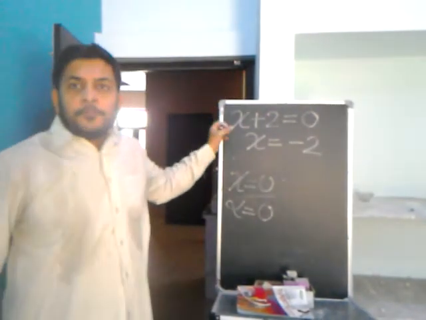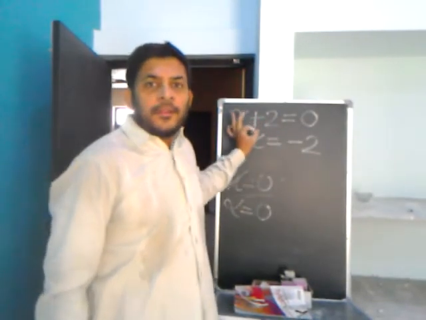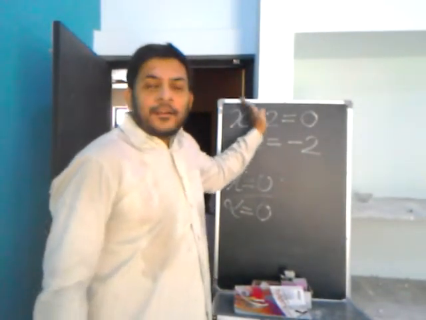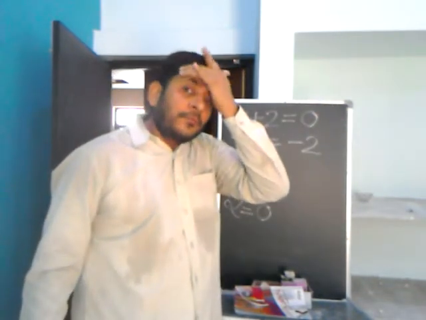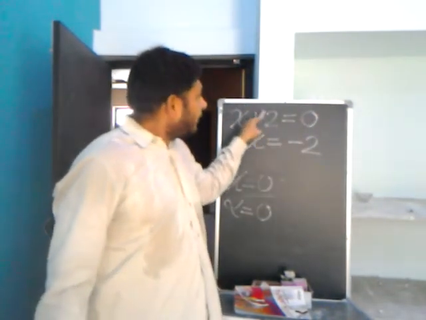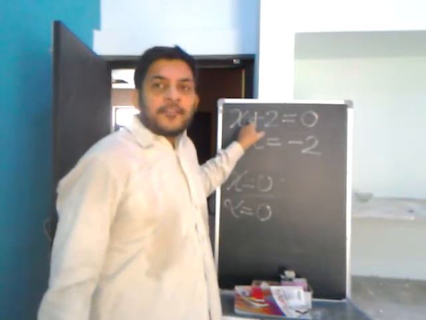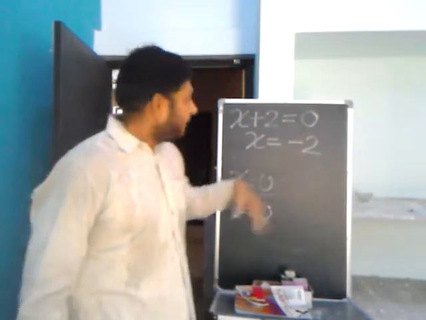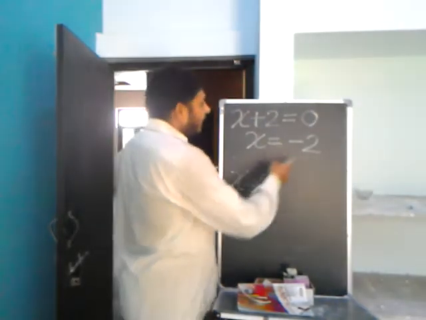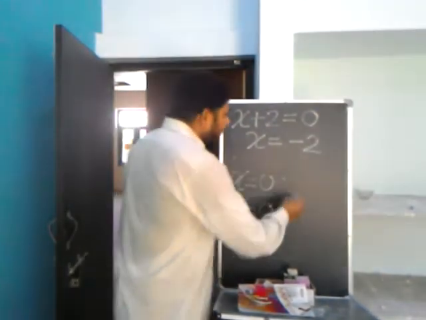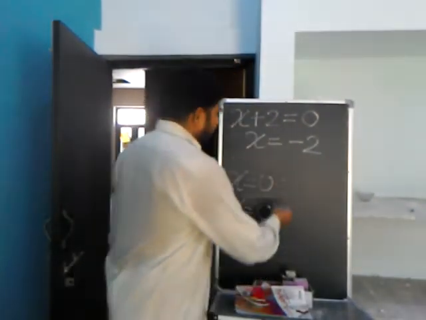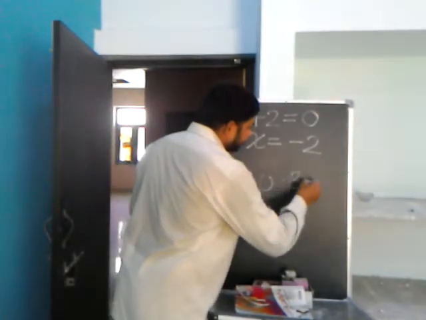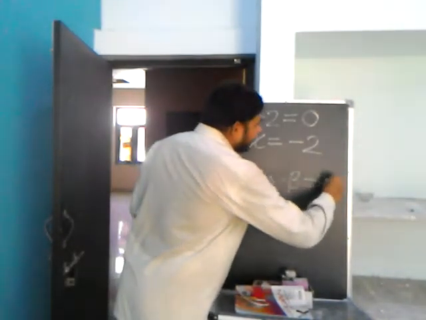In order to keep only x here, I need to take plus 2 to the right hand side, and in doing so, the sign of the 2 changes. It was a plus sign, it becomes a minus sign. So this is the second value of x, and we know that the second zero of the variable is called beta. Beta is equal to minus 2.